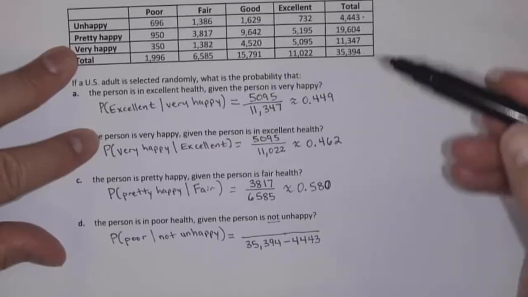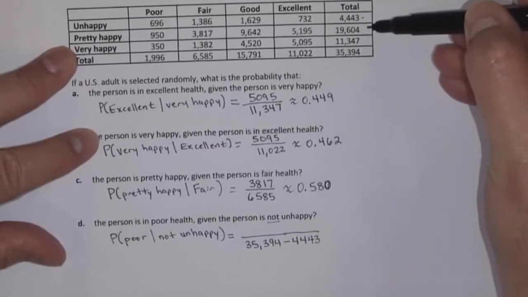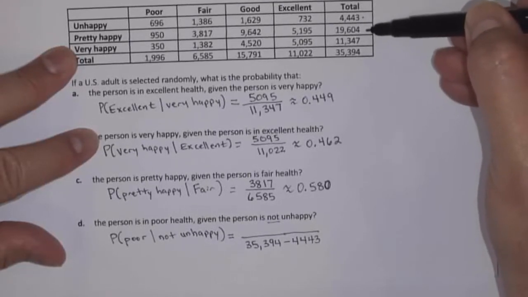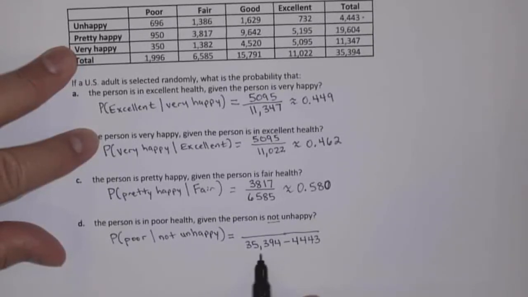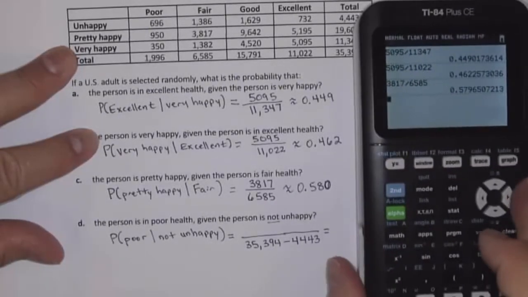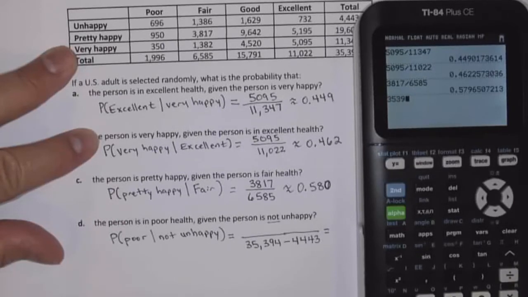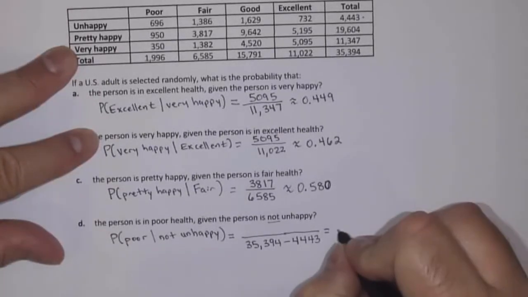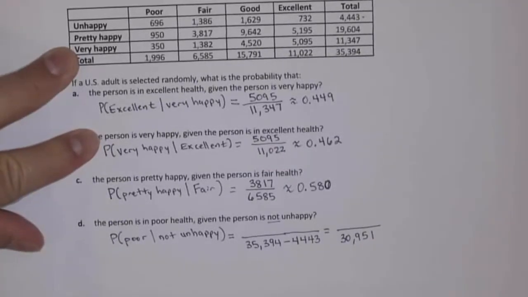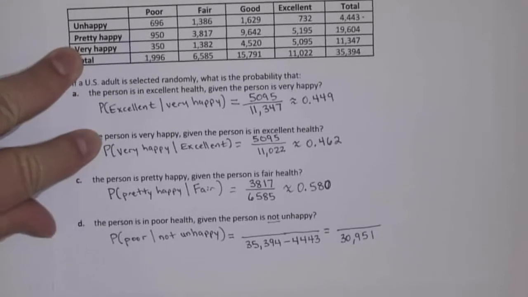Now we could also find that by adding the 19,604 and the 11,347. If we added those two numbers together, that should give us the same result. Let's go ahead and figure out what that is. If I take 35,394 minus 4,443, that is 30,951. So there are 30,951 individuals who are not unhappy.